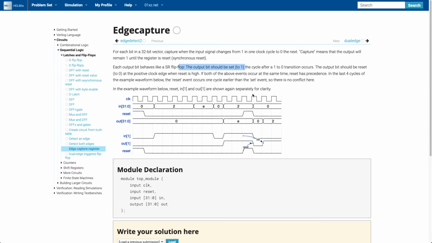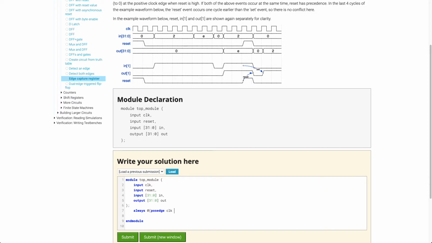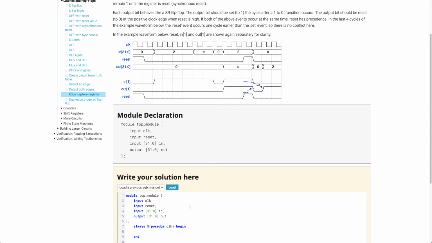So 1 to 0 transition happens here. So I set it 1 cycle later. Yeah, I guess these problems are starting to get hard because there's a lot of things to remember about the spec, but it is a synchronous reset.